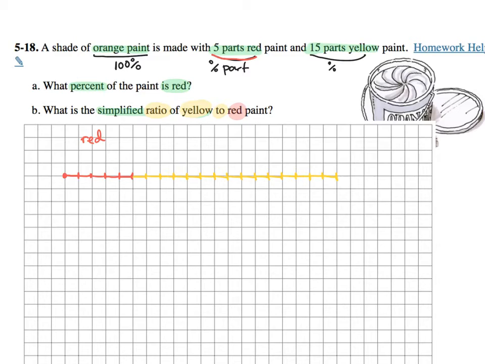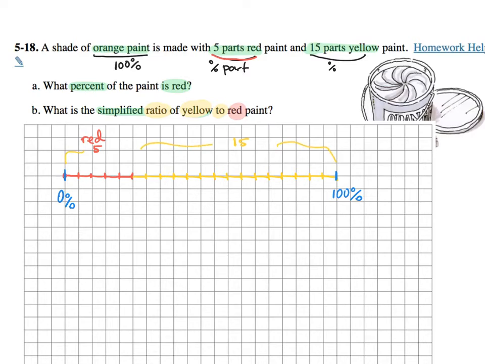Now let's identify the percent number line. In the beginning, this is 0%, and at the end, that's 100%. Our total parts: red are 5 and yellow are 15. So the total parts are, hopefully you're saying, 20.